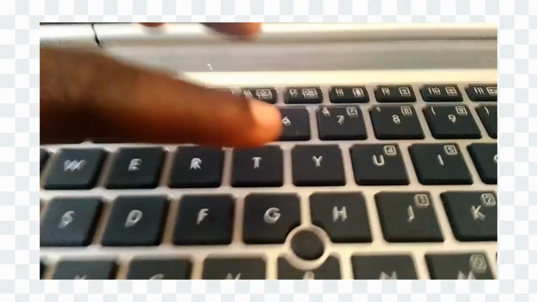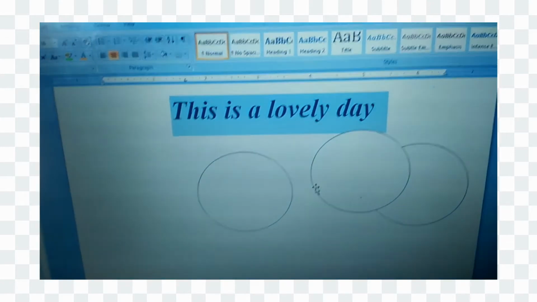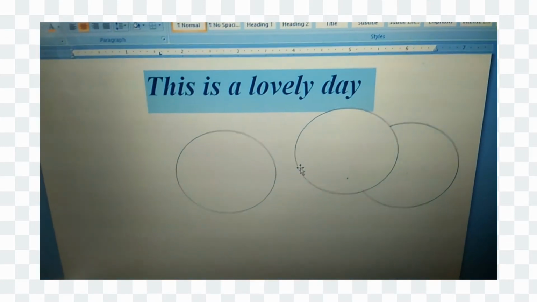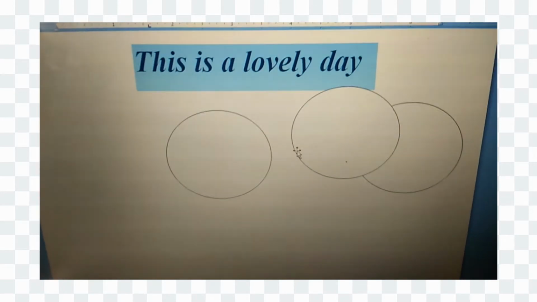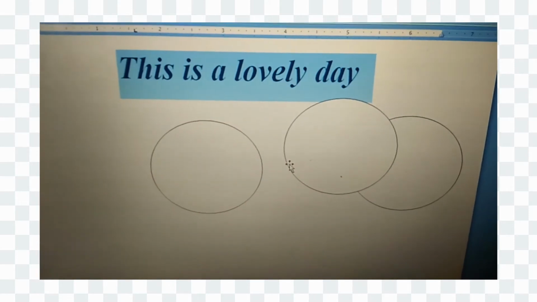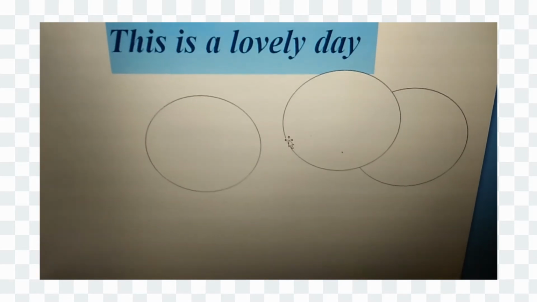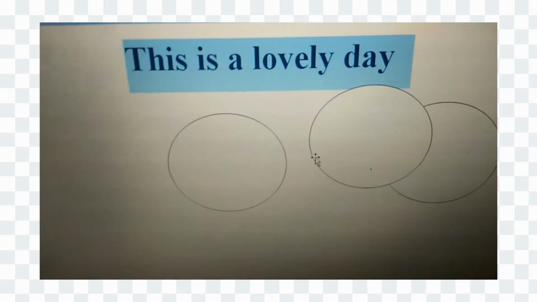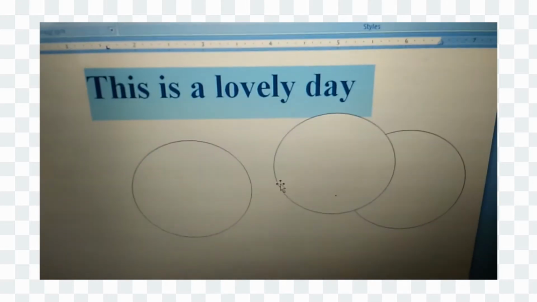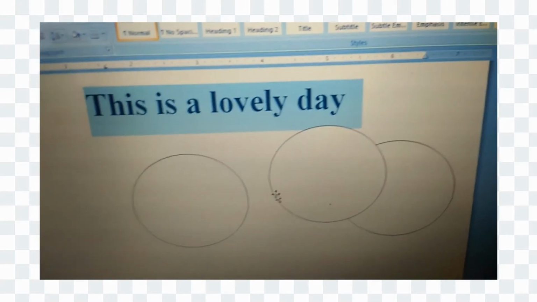So I'll press Ctrl key plus I, and look, our words are now slanted. That's used for changing your text or your font into italic form. I'll undo that again, and look, the text is now back to normal. It's no more bent or italicized.